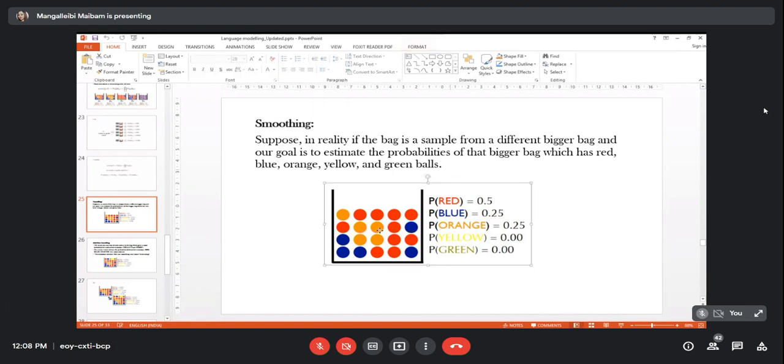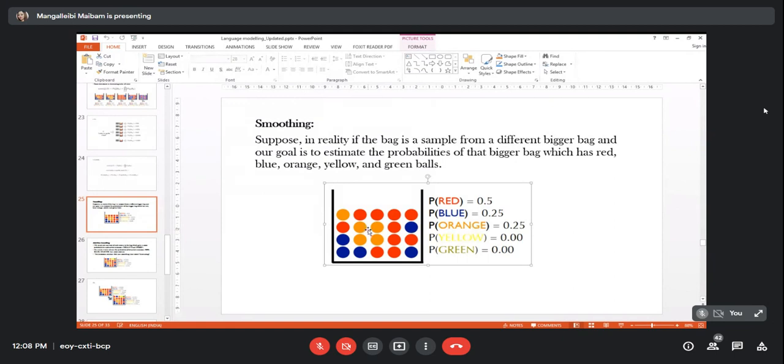In this particular example, for red, we can find the probability directly, because red balls are there. The total number of balls we can count from here, and by counting the total number of balls and the total number of red balls, we calculate the probability for red. We can calculate the probability for blue also, and similarly for orange.